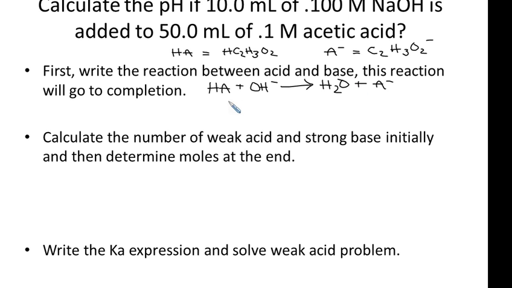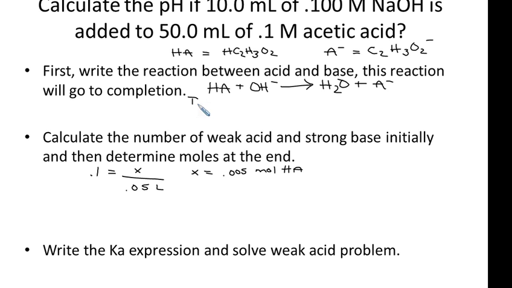This is 100%, so now I need to know how many moles of each of them I will be starting with. So it tells me I have 50 milliliters of 0.1 molar acetic acid, so 0.1 molar, 0.05 liters, and when I solve, I will get 0.005 moles of the HA.